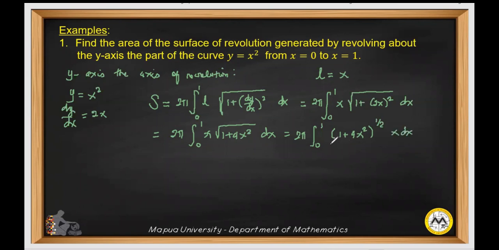Of course, to evaluate this, we will let u is equal to 1 plus 4x squared, so that the differential du is 8x dx. So there must be a correction factor 1 over 8. We can just introduce 8 here and write the reciprocal 1 over 8 before the integral sign.